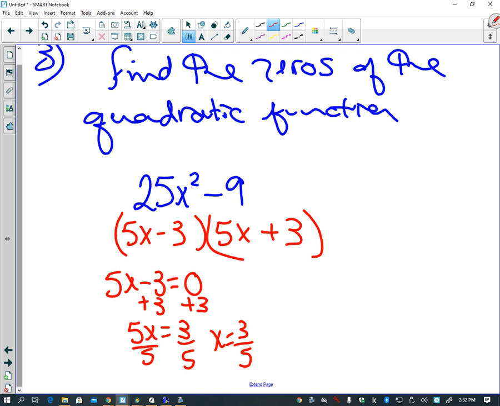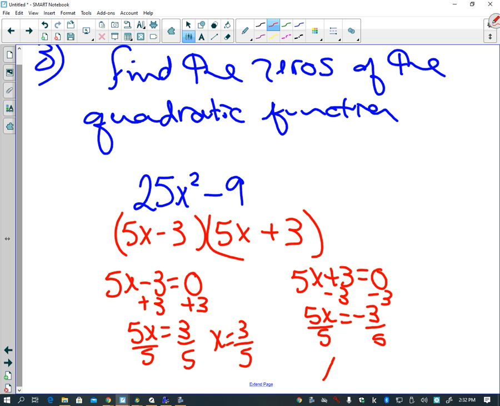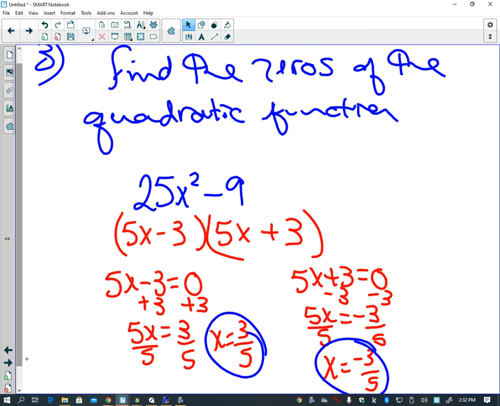Over here, 5x plus 3 equals 0. Subtract 3, subtract 3. 5x equals negative 3. Divide by 5, divide by 5. x equals negative 3/5. The only thing I fear, Mia, is that on yours you have to remember, one, it's not a decimal, and when I'm square rooting an x squared, my solution is both positive and negative.